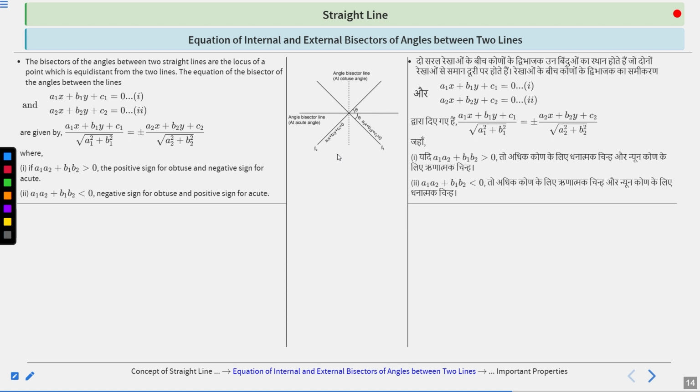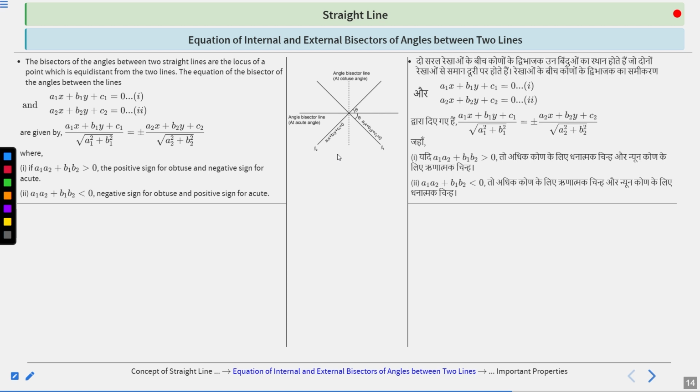The equation of the bisector of the angle between the lines: we have two lines a1x plus b1y plus c1 equal to 0 and a2x plus b2y plus c2 equal to 0, right? Therefore, the equation of bisector is basically (a1x plus b1y plus c1) upon root over (a1 square plus b1 square) is equal to plus minus (a2x plus b2y plus c2) upon root over (a2 square plus b2 square).